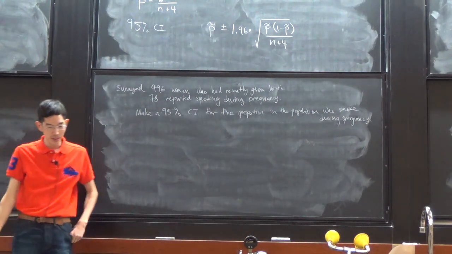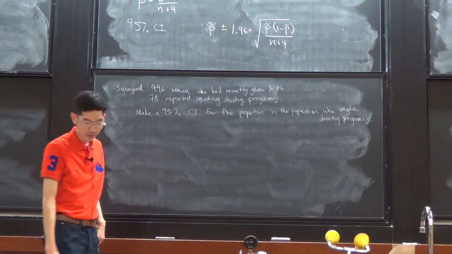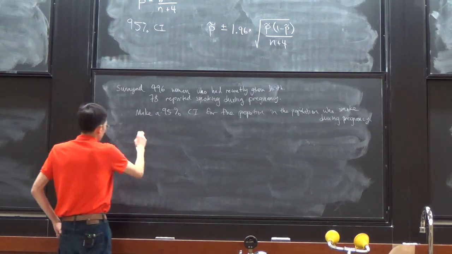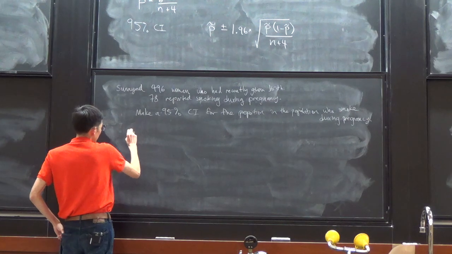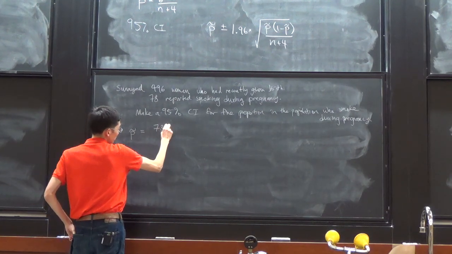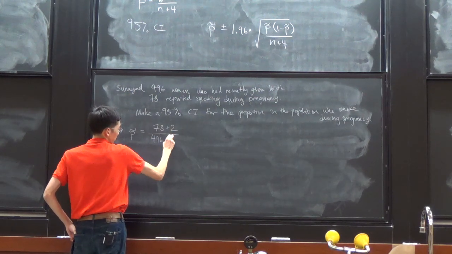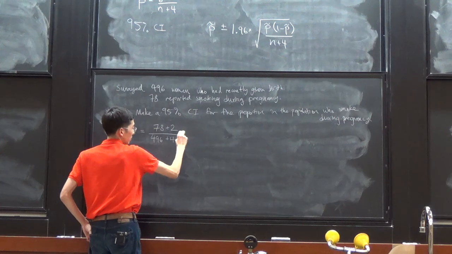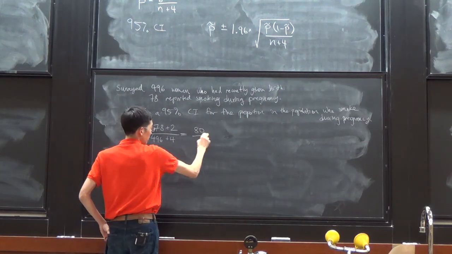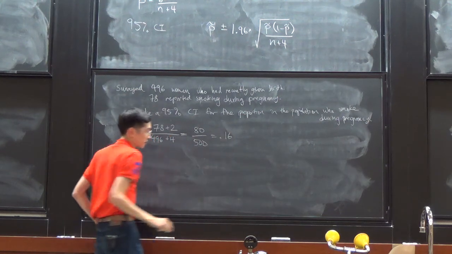In California, we generally have fewer people smoking than the rest of the country. But okay, our p tilde, our adjusted sample proportion, would be 78 plus 2 over 496 plus 4, so I get 80 over 500, which is 16%.